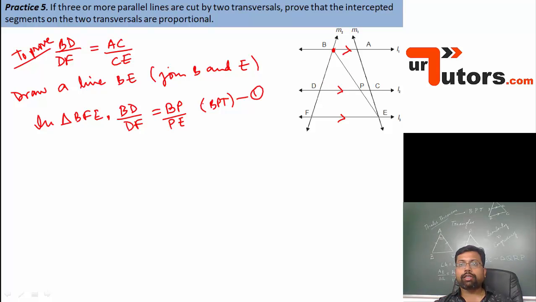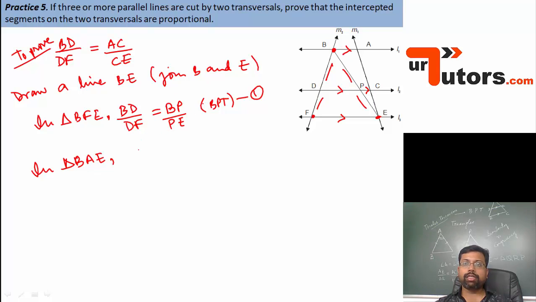We take this triangle BFE. In this triangle, BD by DF will be equal to BP by PE by basic proportionality theorem. And in triangle BAE, what do you have? You have CP. This part is going to be parallel to AB, right? CD is parallel to AB, so CP is also parallel to AB.